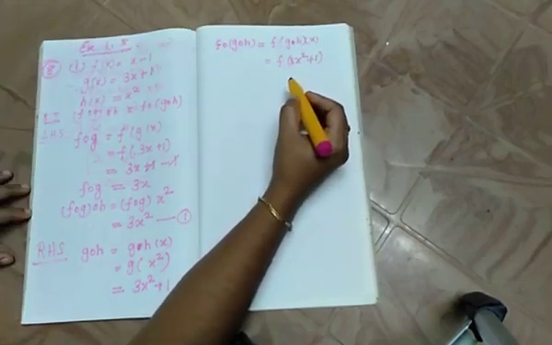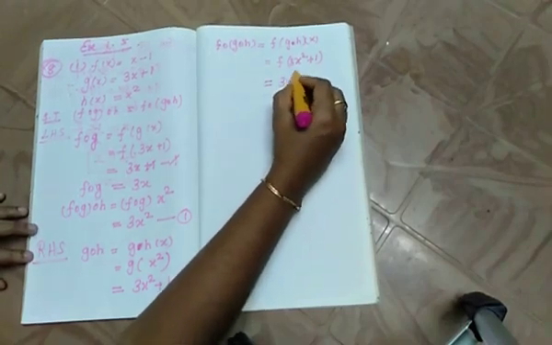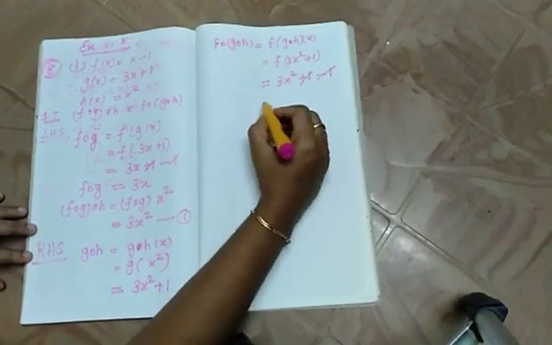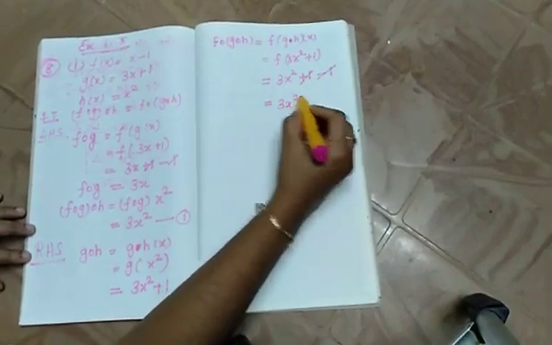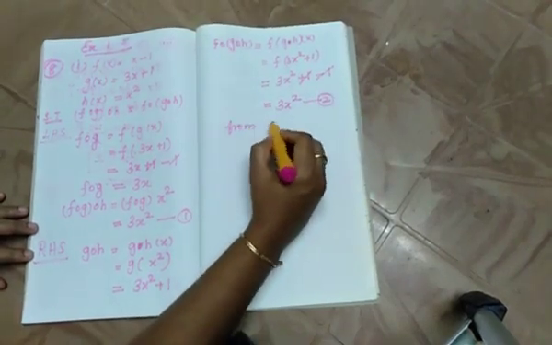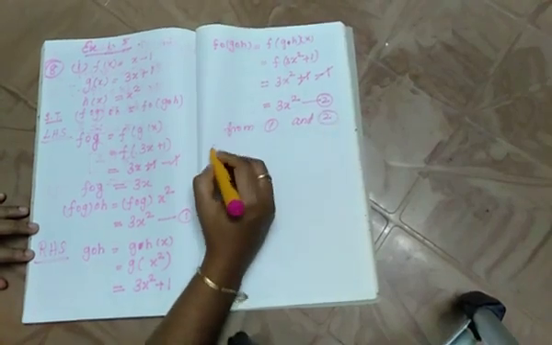Now f of x is x minus 1. So f of 3x square plus 1 means 3x square plus 1 minus 1. So from 1 and 2, whether both are equal?